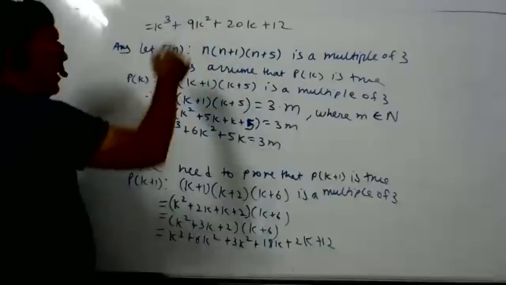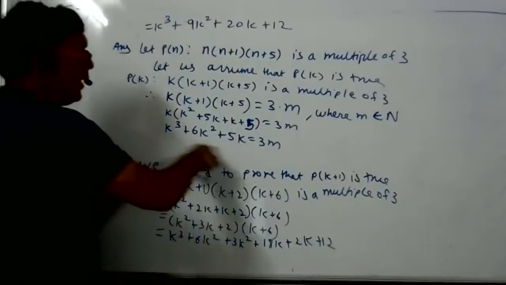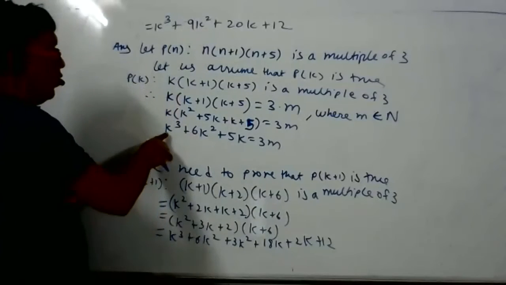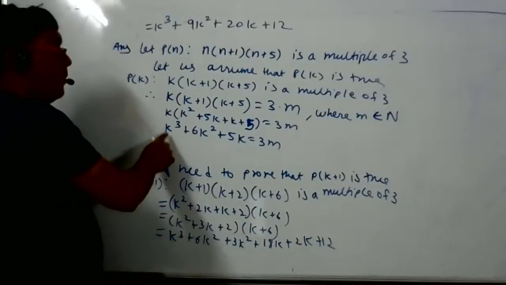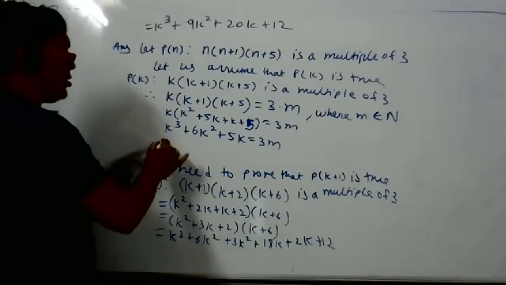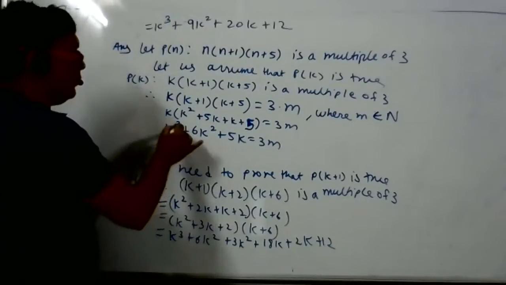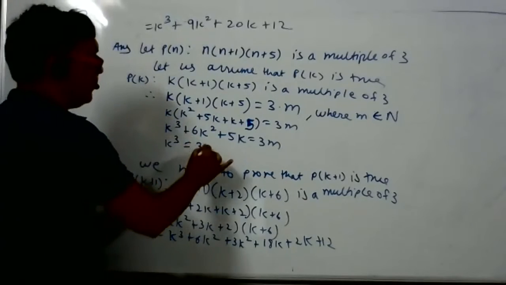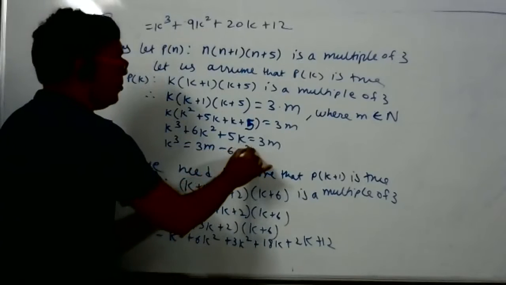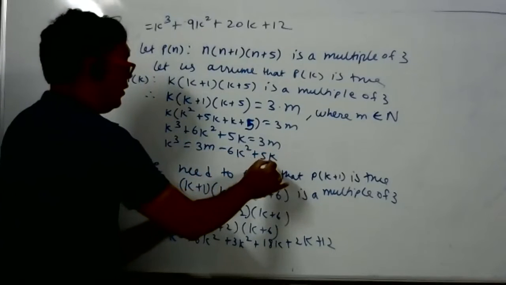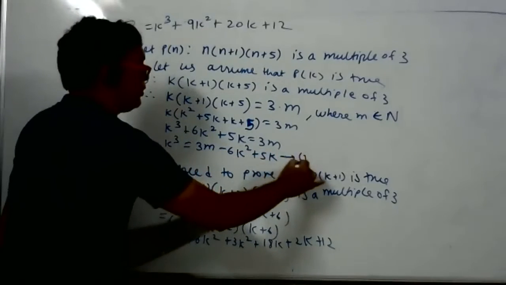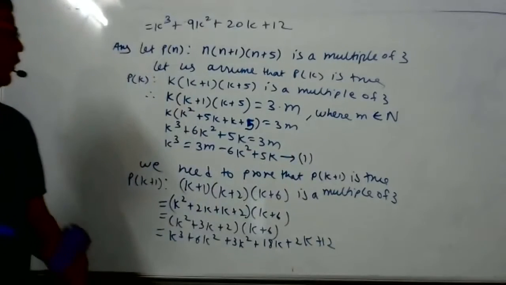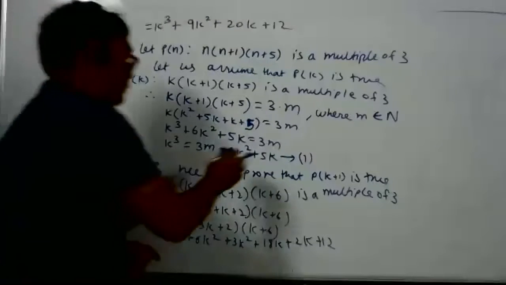As you know, we need to prove P of K plus 1 with the help of P of K. P of K is so much. So from here, the greatest power is there, and that value you find. What is the K cube value here? K cube is equal to 3M minus 6K square minus 5K.